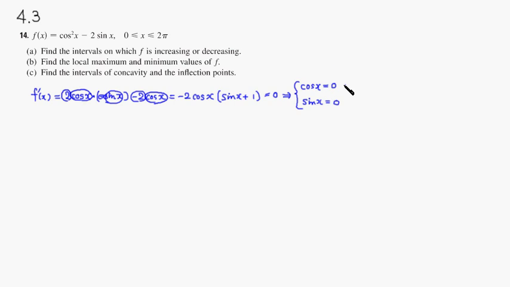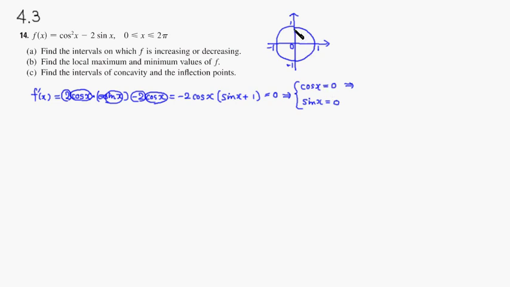Let's use the unit circle to find the x values. Let's draw a unit circle here. Here is the x-axis and this is the y-axis. So 1 here and 1 here, negative 1 there, and negative 1 there. Remember that the cosine represents the x-coordinate of the point on the unit circle. So we want the x-coordinate to be 0.